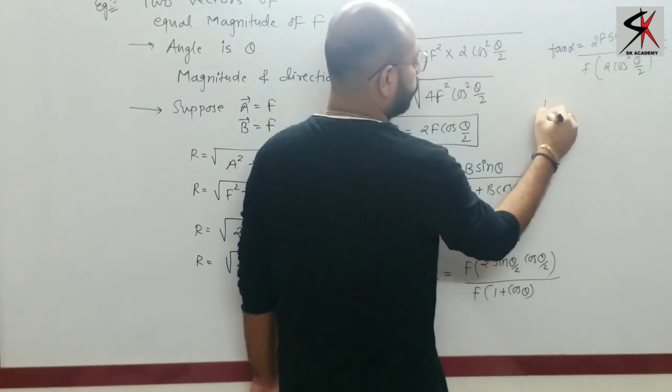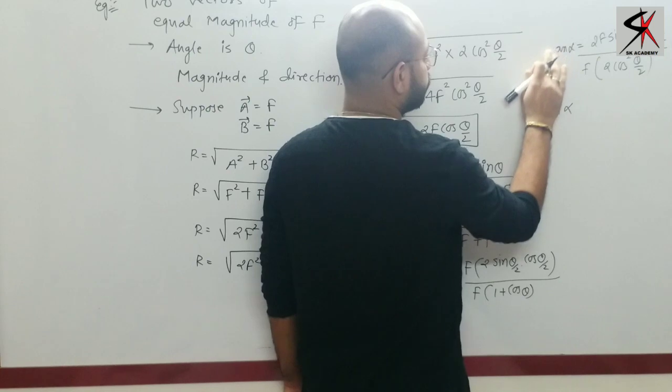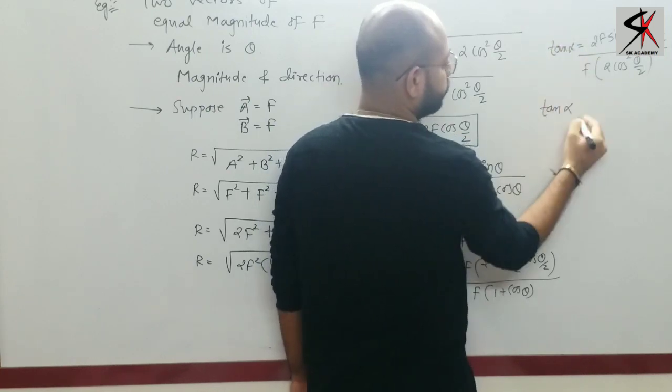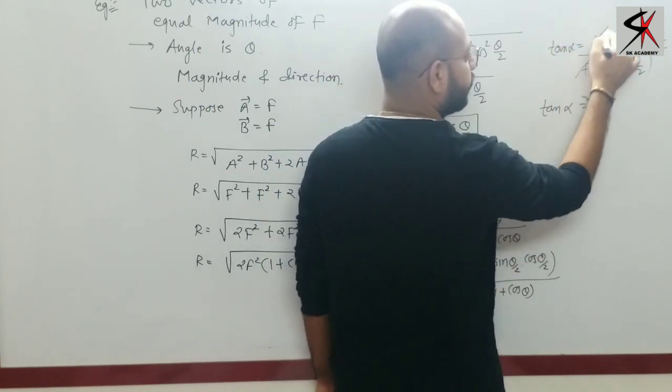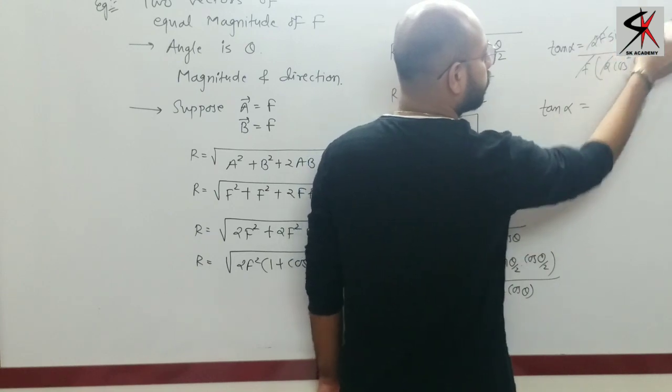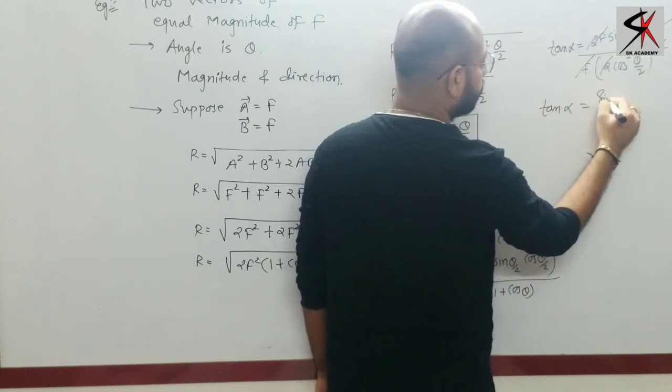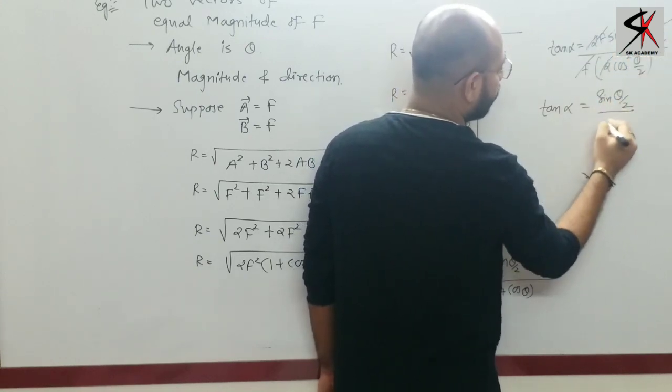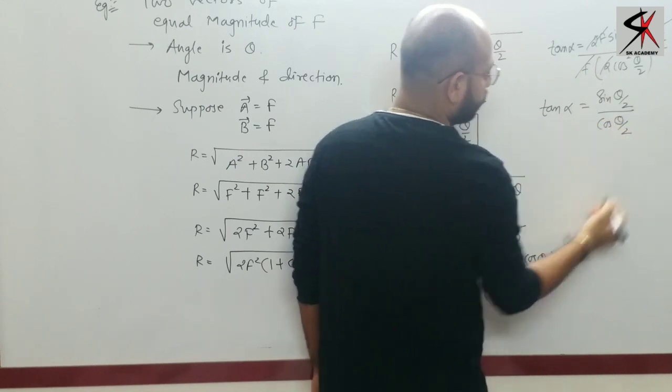Okay, so tan alpha is equal to f f cut, 2 cut, cos theta by 2 cut, sin theta by 2 over cos theta by 2.